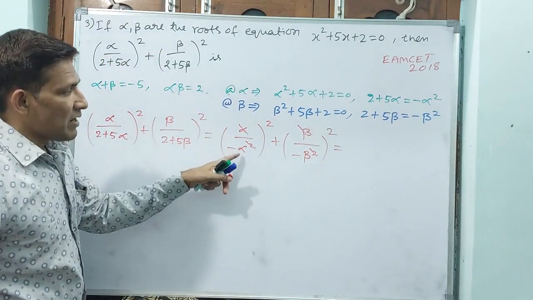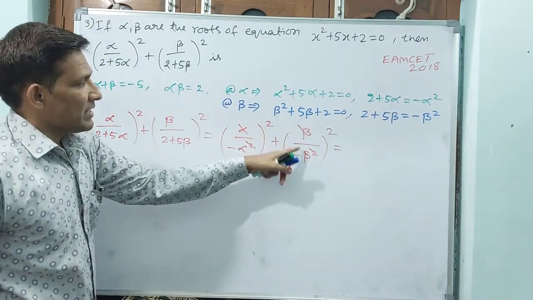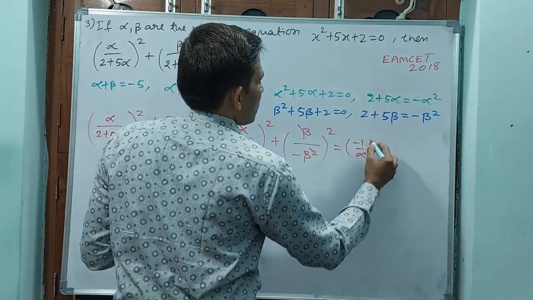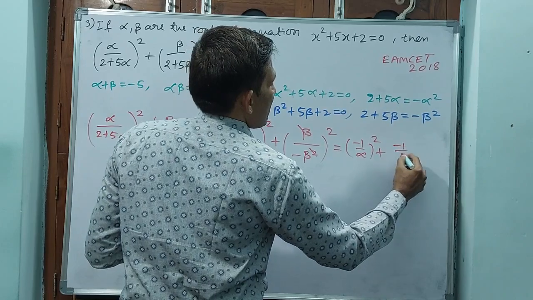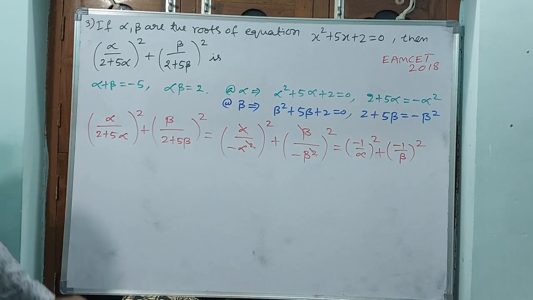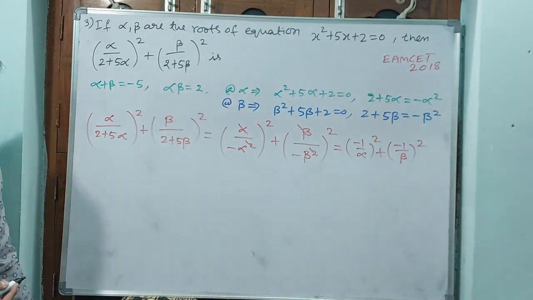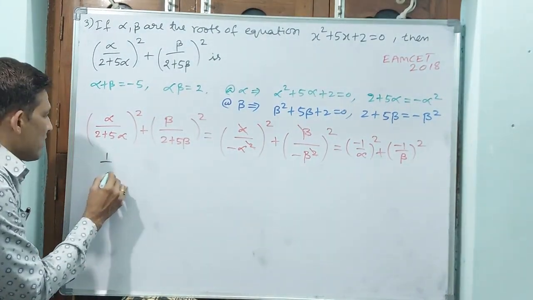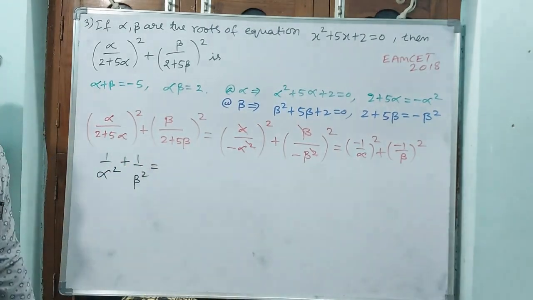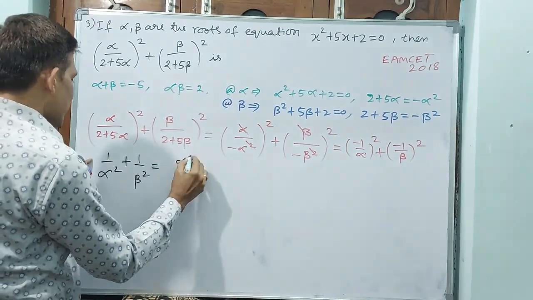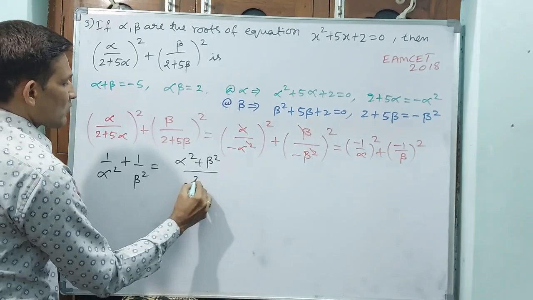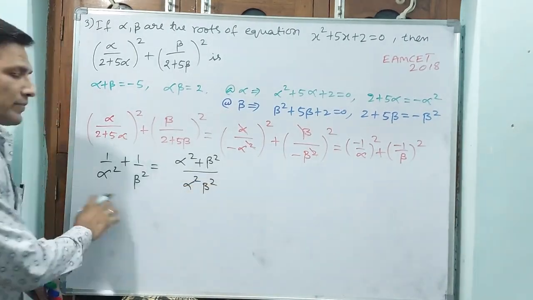See, (minus 1 by alpha) whole square plus (minus 1 by beta) whole square will be there. Okay? See, even though it is minus 1, squaring will give positive only. That means 1 by alpha square plus 1 by beta square. What is this? Alpha square plus beta square by alpha square into beta square.